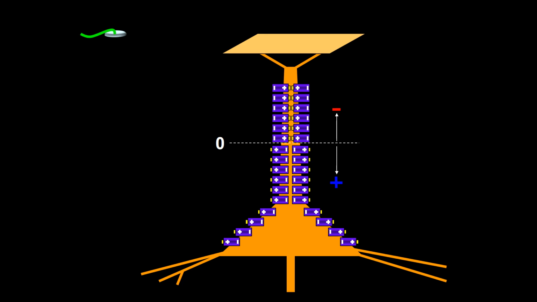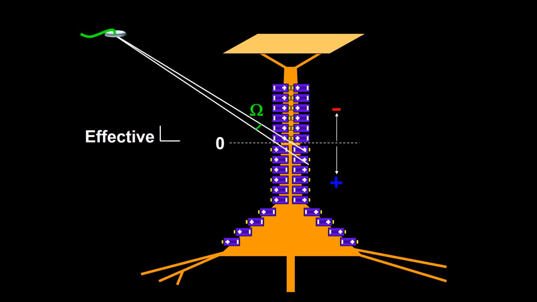If at this point we place an electrode somewhere in the vicinity of the activated pyramidal cell, the volume conduction theorem explains that the area effectively surveyed by the electrode, to which we will refer as the subtended area or the effective subtended area, corresponds to the area of the dendrite where the poles of the batteries subtended by the solid angle of the electrode are equal. We refer to this as the effective solid angle I just previously mentioned. And in this frame, I will represent it by a green omega symbol.